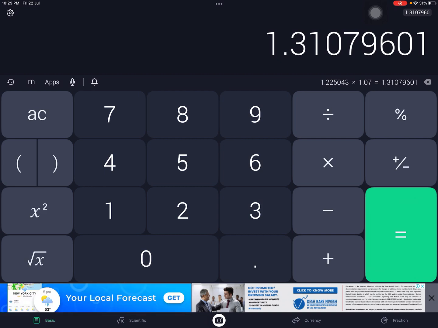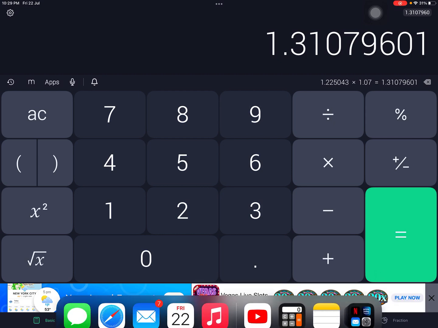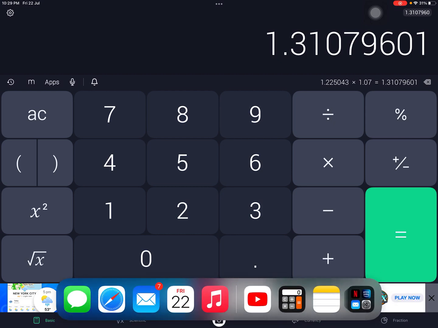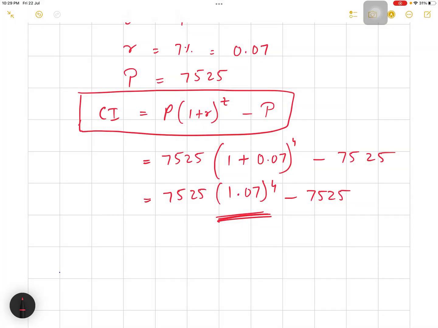Which can be written as 1.3108. We'll keep 4 decimals. Always keep 4 decimals. So 1.07 raised to 4 is 1.3108. I'm rounding it off.